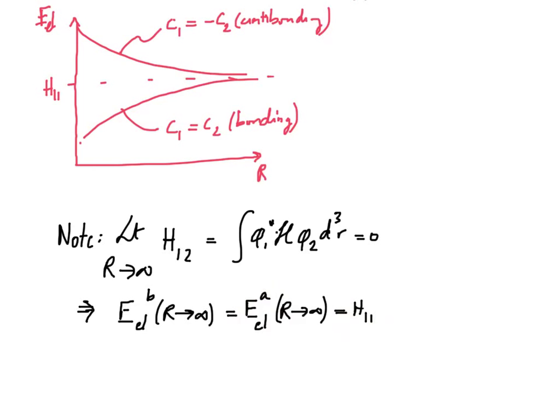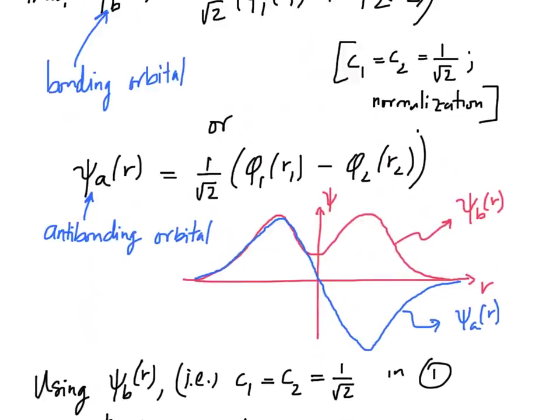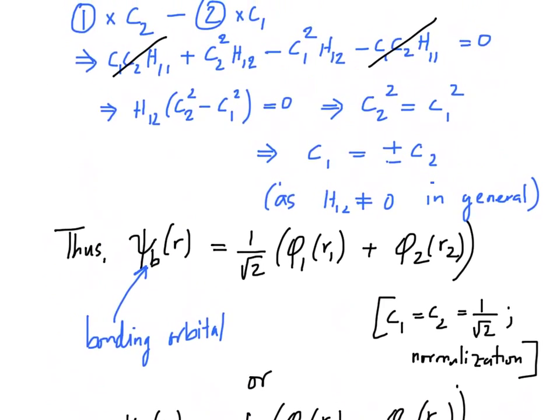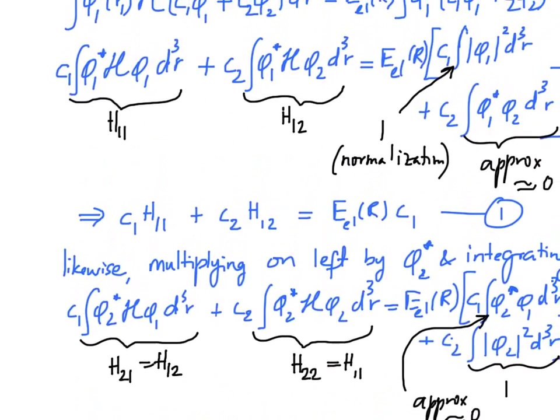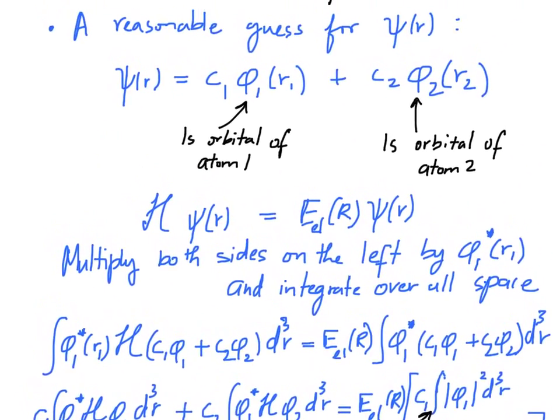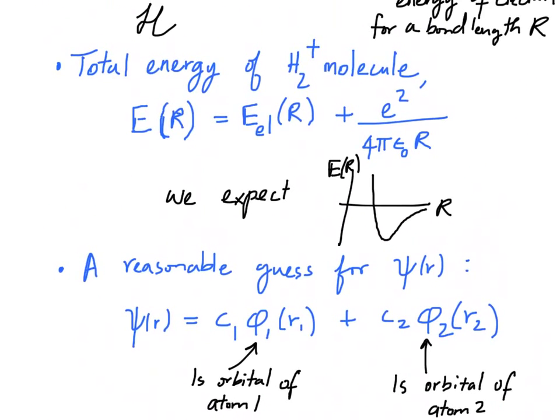Now, this is just the electronic part, right? If we go way back in this lecture, you will actually see that the total energy of our system is the sum of the electronic part, which we got from solving the Schrodinger equation, and the electrostatic contribution, the repulsion between the two protons, the two nuclei.